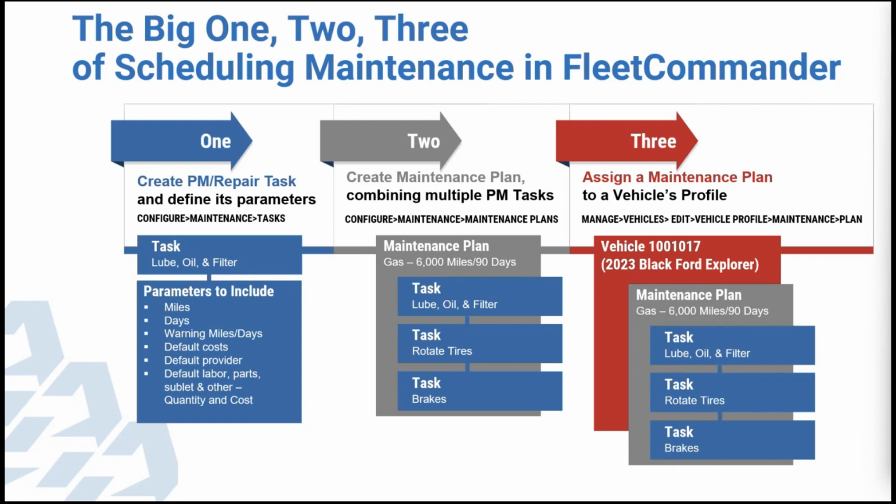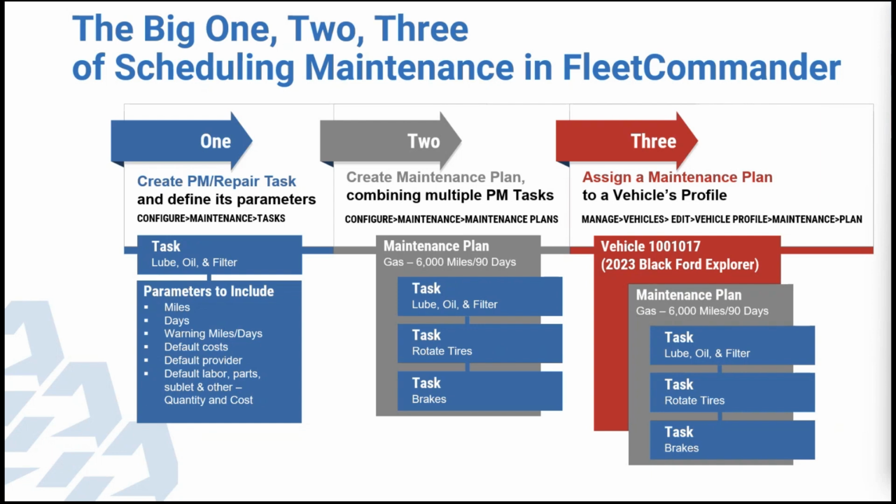Those tasks are then set into maintenance plans, which are a bundling of various tasks. So you have those tasks established with the parameters that you want for each, and then you put them into a bundle so that you can assign a group of tasks to your particular vehicles.